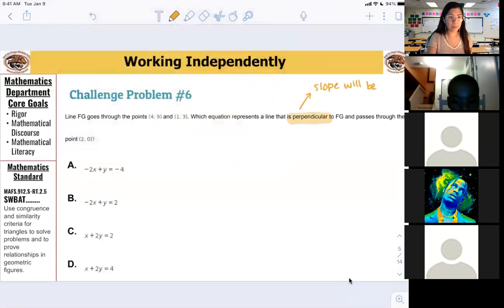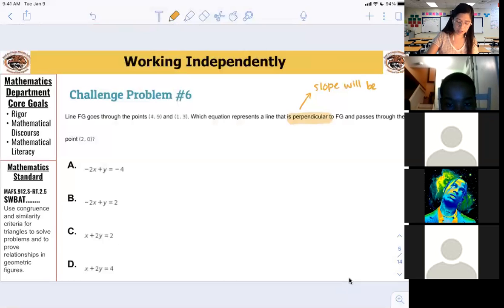The same? I might not know the actual value of it. Jalen, slope is a number, not a coordinate point. Slope is a value. I might not know the actual value yet, but if I know the slope of one of them and the other one is perpendicular, it would be the same.